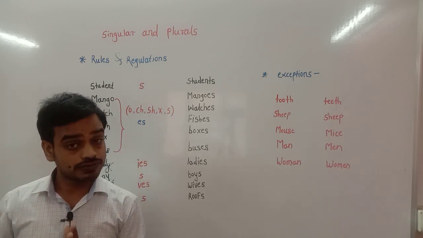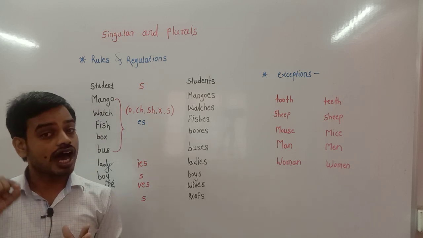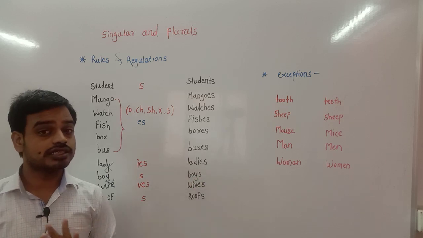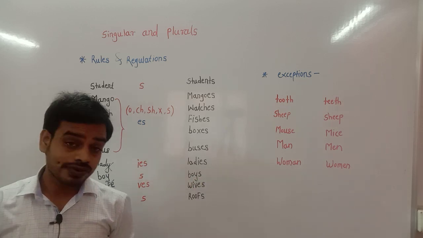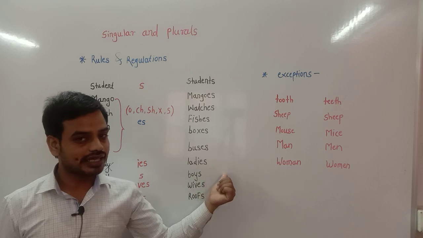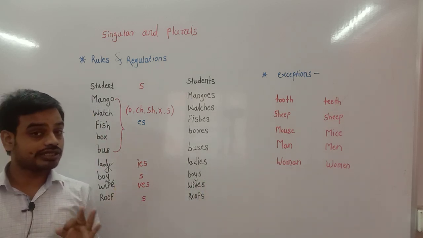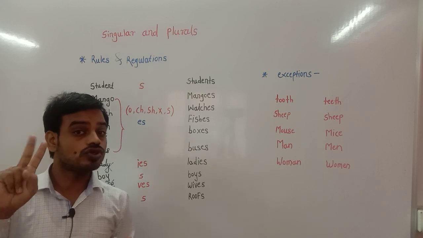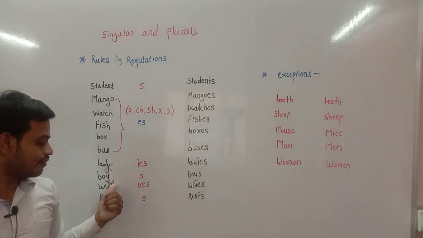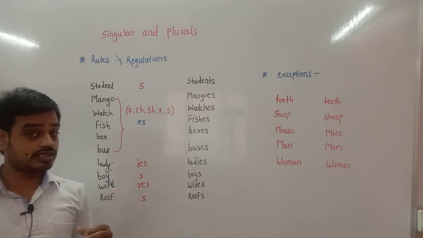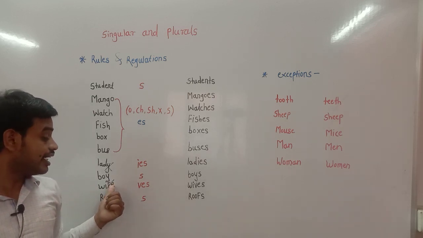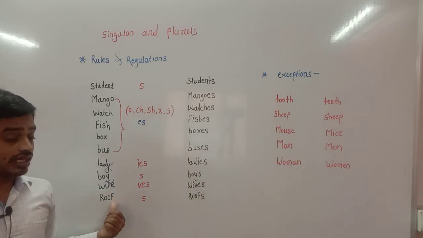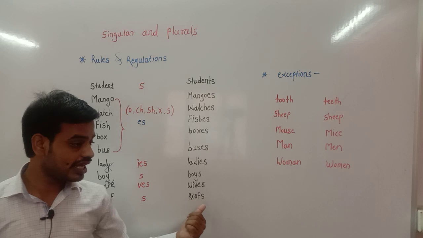If a word ends with Y and before Y there is a vowel, use only S, but if there are no vowels, delete Y and use IES. Then if a word ends with F or FE and there is 1 vowel before it, delete F or FE and use VES. And last one, if there are 2 vowels, use only S.